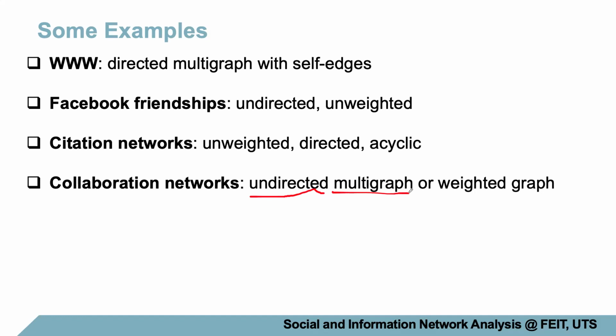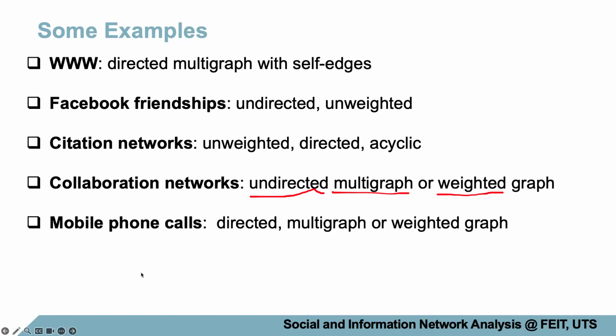So it's a multi-graph, or if you define the collaboration times as weight, then it will be a weighted graph. A mobile phone calls network is directed, as we introduced, there is a direction. It can also be a multi-graph or weighted graph, depending on how you define the edge.